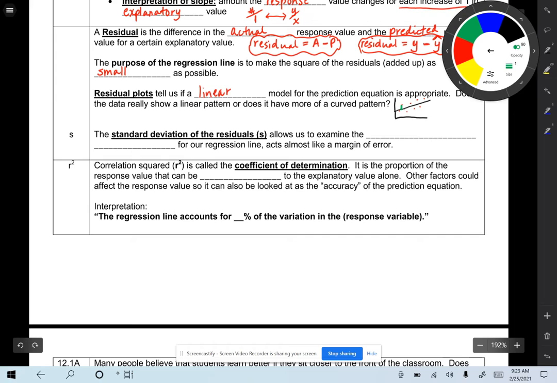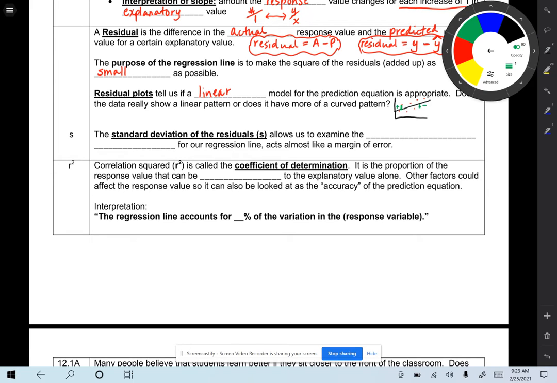So when the actual value is higher than the predicted value, you have a positive residual, which makes sense. And if you have a point down here, there's the actual value minus the predicted value. So that's going to be lower, a negative residual. That just gives you an idea of what a residual is, how far it deviates from that trend line.